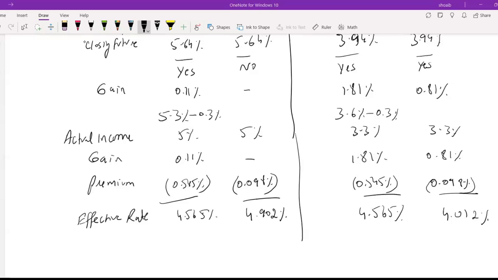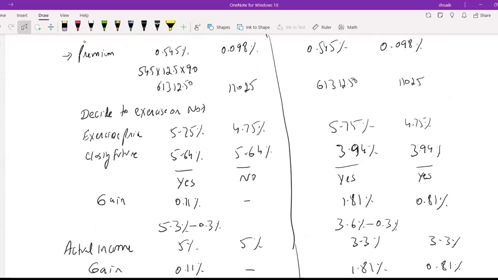Okay. Decide to exercise or not. It is the case of investor, lender. You will receive 5.75 in the option. This is the option exercise price. So you like 5.75 income or 5.64? 5.75. You will exercise.